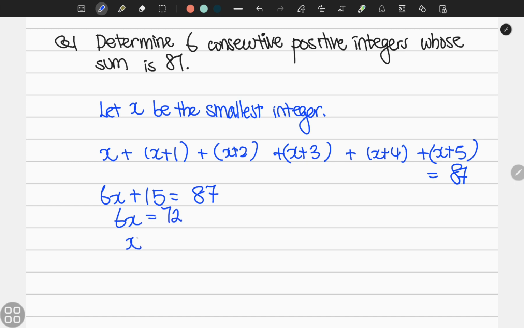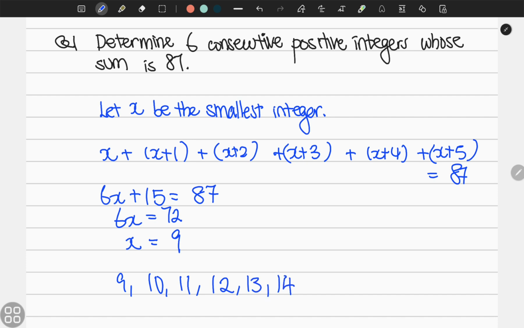And if you want to find x, you divide by 6 on both sides, you get 12. So here, 12 is the smallest integer. You want to determine all 6 consecutive positive integers.